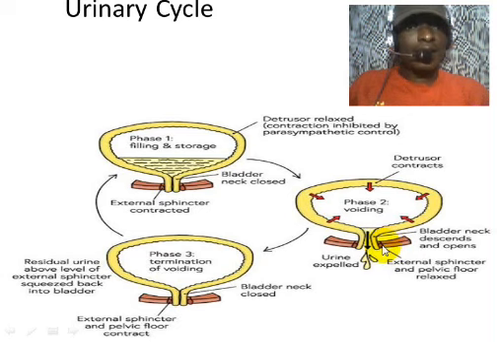The same thing with the external urethral sphincter. So the sphincters of the bladder are opened to enable urine to be expelled out from the body. In phase 3, there is termination of voiding and the cycle continues again. That is the urinary cycle.